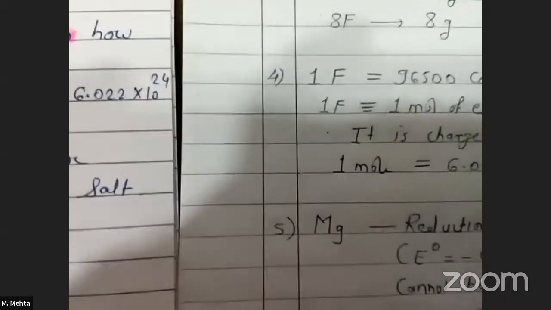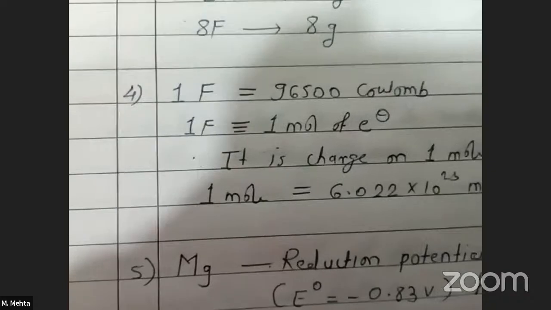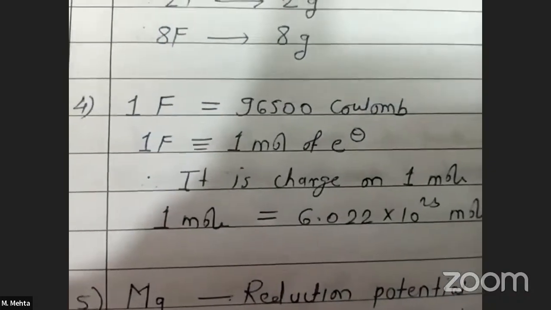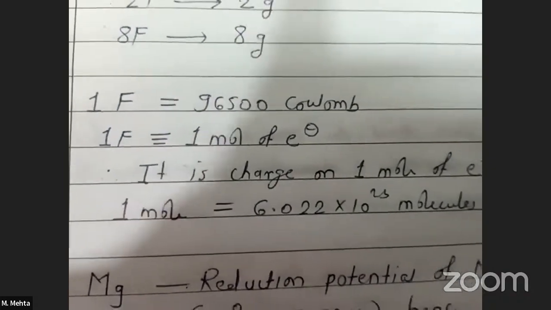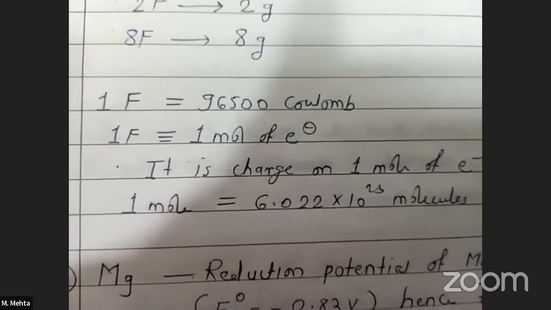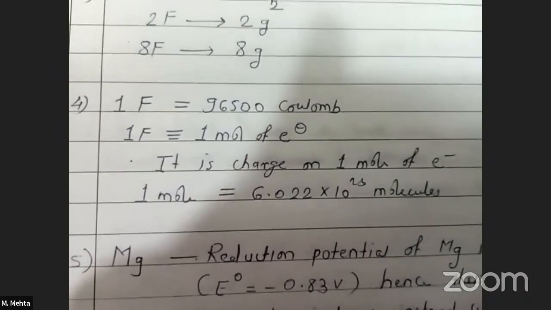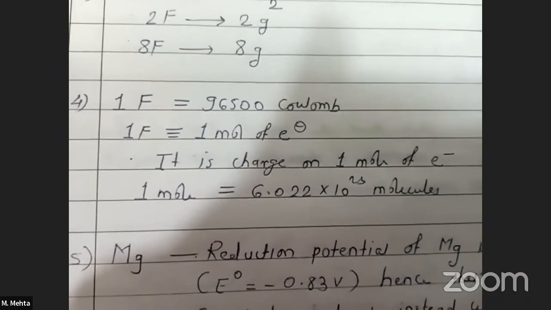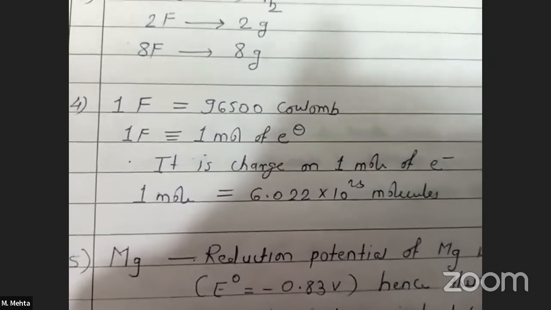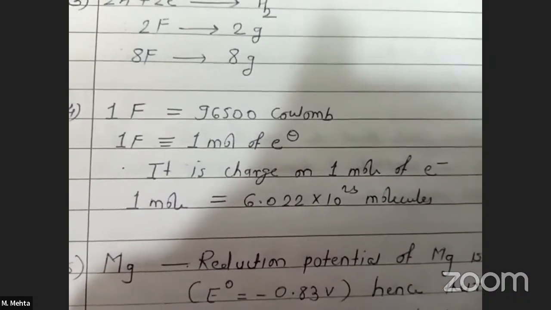Fourth question: 96500 coulombs corresponds to the charge on how many electrons? Here, one Faraday corresponds to 96500 coulomb. 1 Faraday corresponds to 1 mole of electrons, so 96500 coulomb is the charge on 1 mole of electrons.